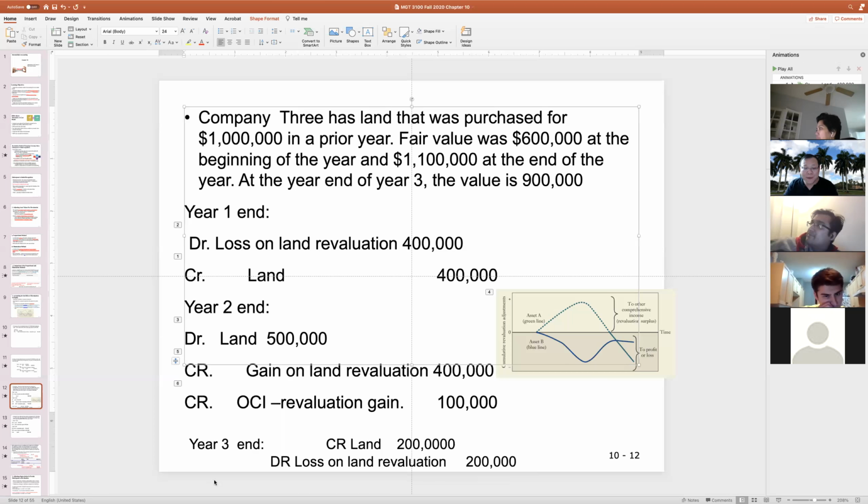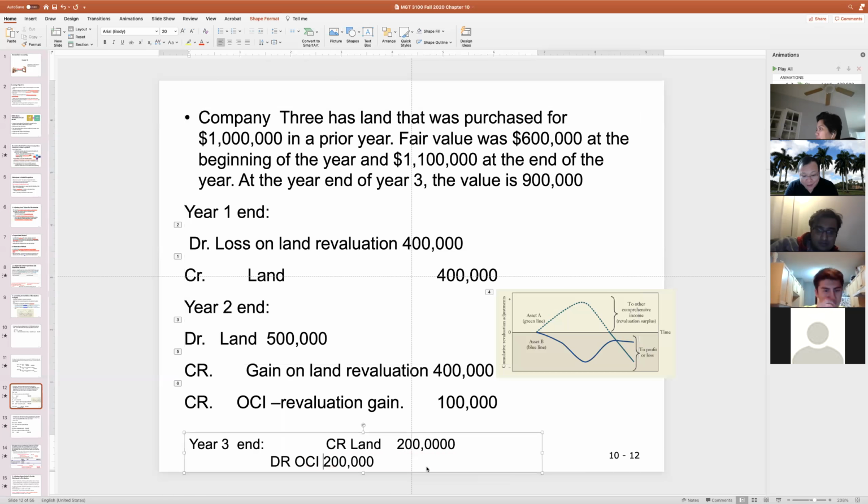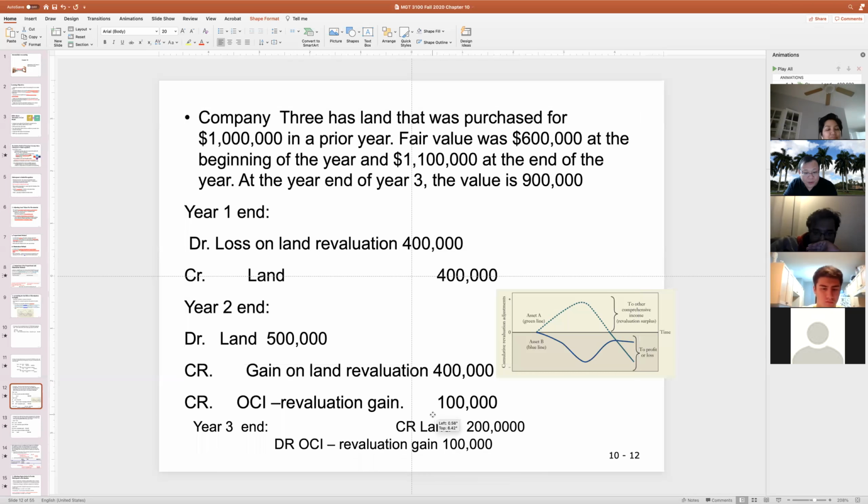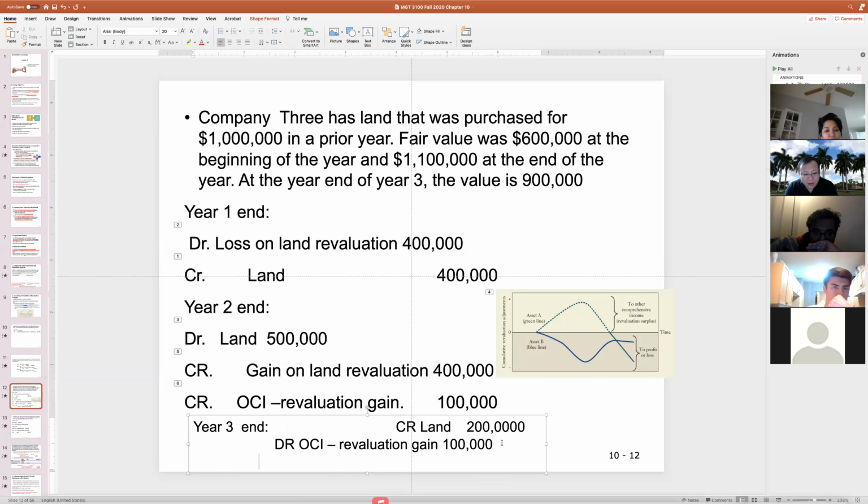So the entry would be a debit to OCI revaluation gain for the balance of 100, and now you need an additional debit, loss on land revaluation, 100. Does this make sense?